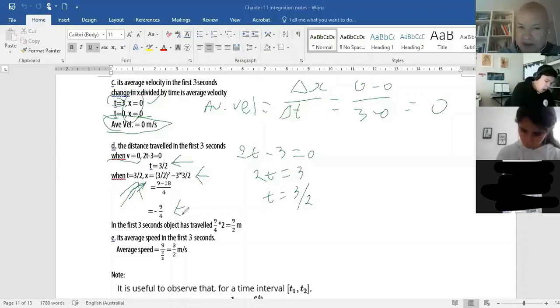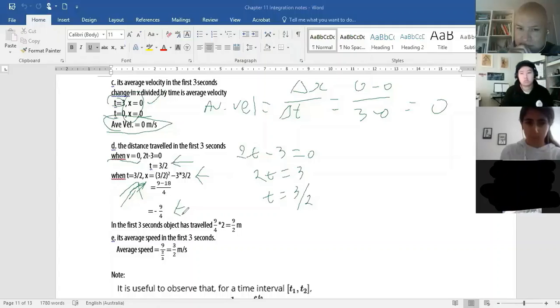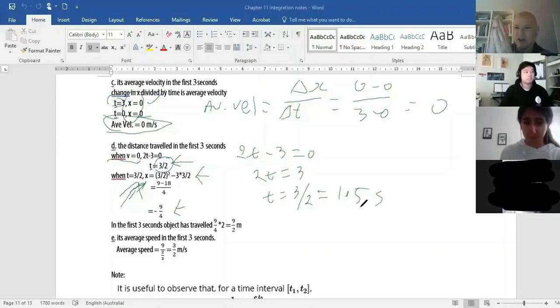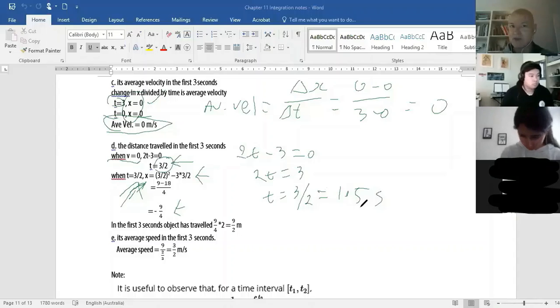If you want me to do all the steps for this question, please ask me and I will do it. Okay, now that's only for the first 1.5 seconds. So obviously what's happened, it starts off, it goes for 1.5 seconds, stops, and then what happens for the other 1.5 seconds? It must go back because it's returned to 0.